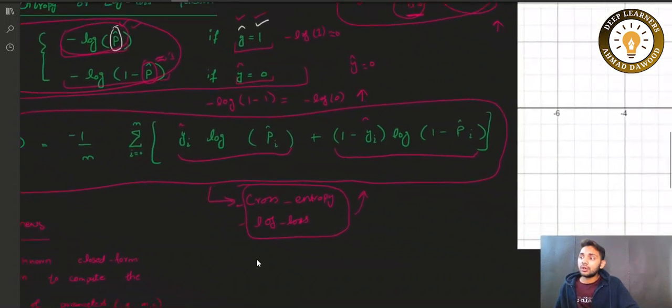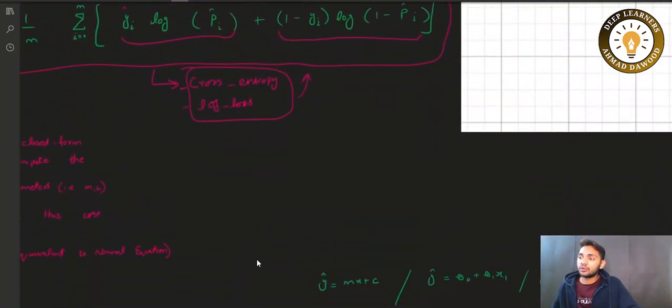Or in simple terms, you can say the cost function of logistic regression is cross entropy, or you can say log loss.